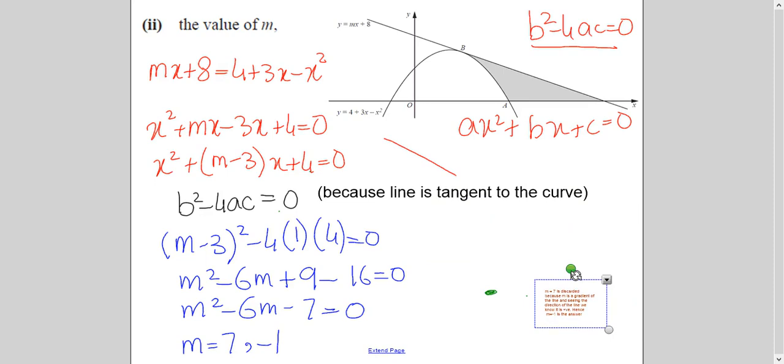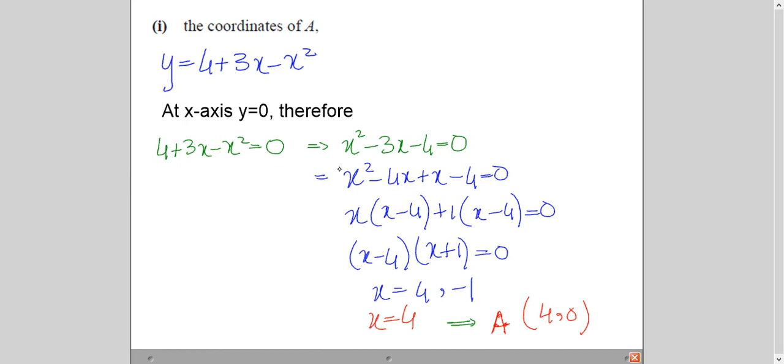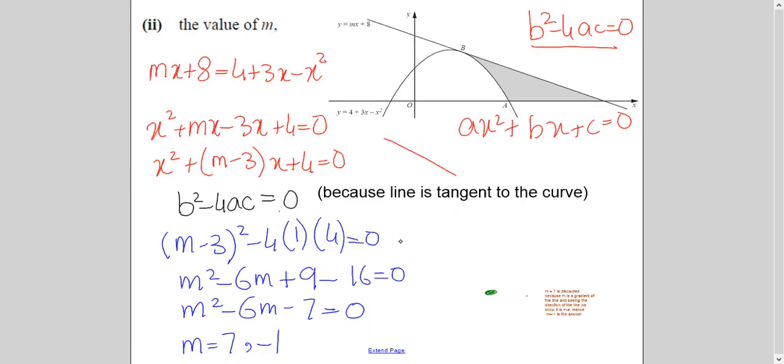Now, the next part of the question is to find the coordinates of B. What comes to your mind? B is the intersection point of this line and this curve. Whenever we have to find the intersection point of the line and the curve, we solve them simultaneously. Now I know the equation of the line, which is y equals minus x plus 8, because m is minus 1, and I know the equation of the curve.